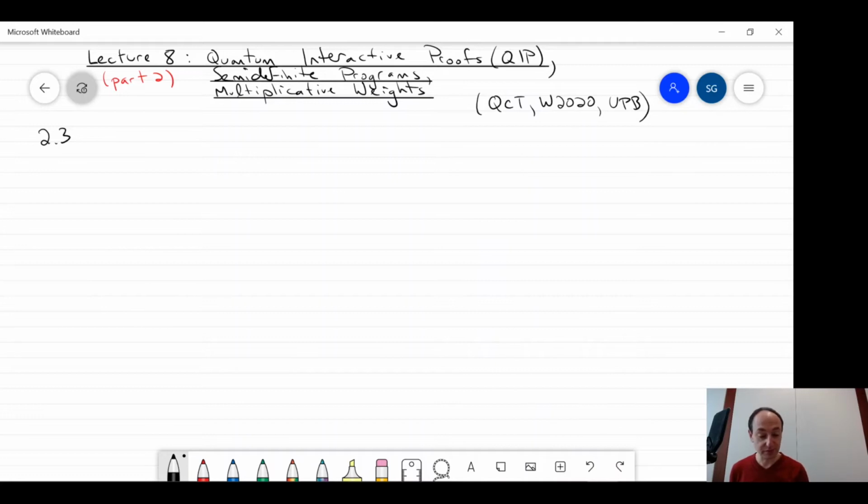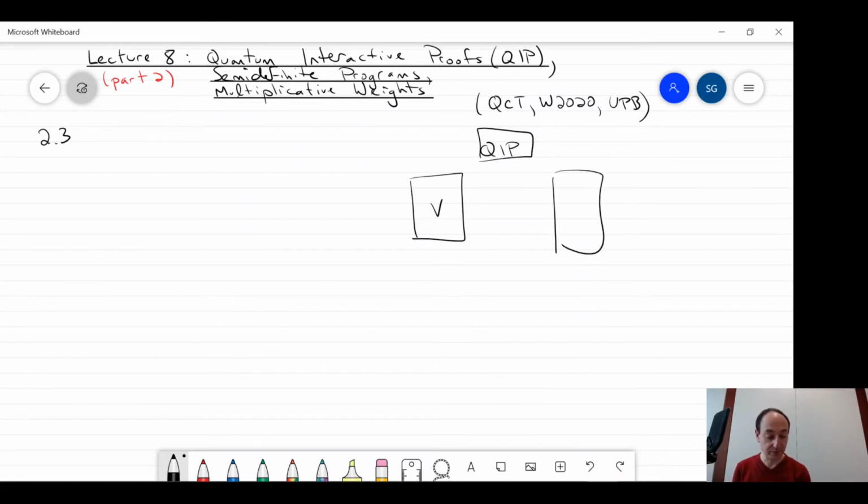Let me briefly remind you that in a quantum interactive proof, the setup we can have was we could always reduce it to 3 rounds. There's going to be a verifier V and a prover P. Remember, the prover is unbounded, meaning arbitrary unitaries are allowed, they don't have to be polynomial time computable. In the first round of the protocol, we assume that the prover sends some message M1.